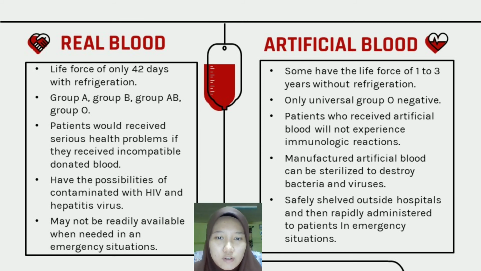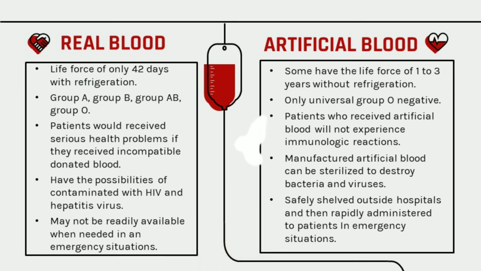And real blood may not be readily available when needed in emergency situations, while artificial blood can safely be shelved outside the hospital and then rapidly administered to patients in emergency situations. All in all, this shows artificial blood is much more effective and advantageous than the real blood.